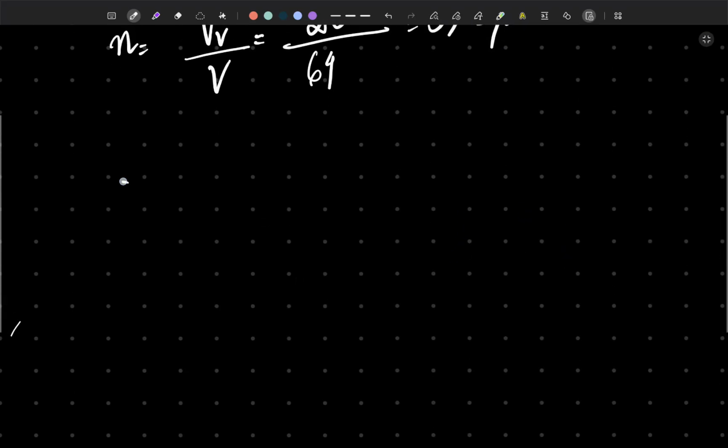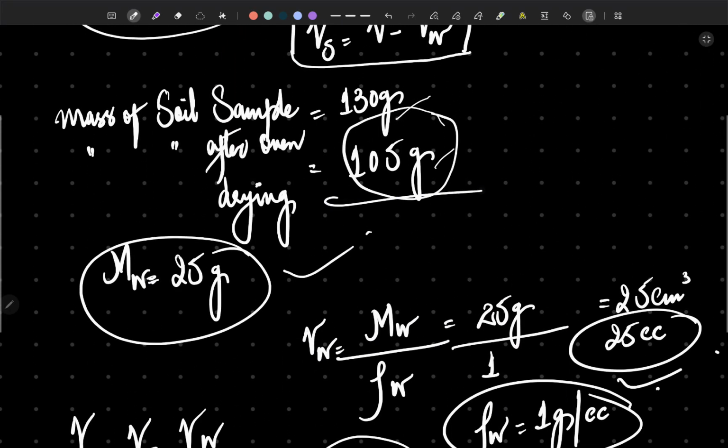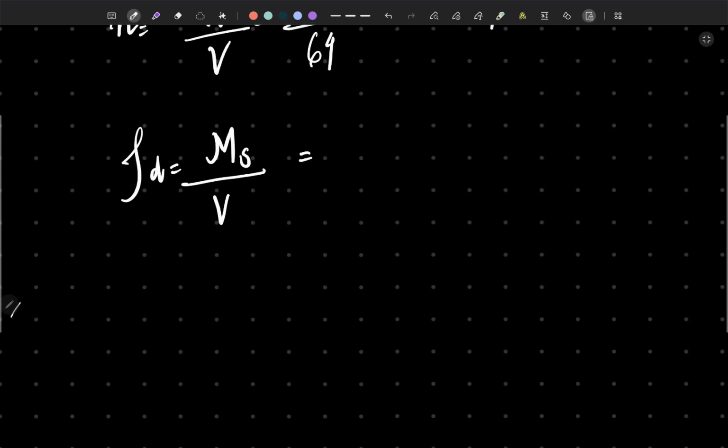Dry density is mass divided by volume. But which mass? Mass of the soil solids, that is mass of the soil in the dried condition. And we know that the mass of the soil solids after it was subjected to oven drying is how much? 105 grams. So 105 divided by volume. Total volume of the sample is 64 cc.